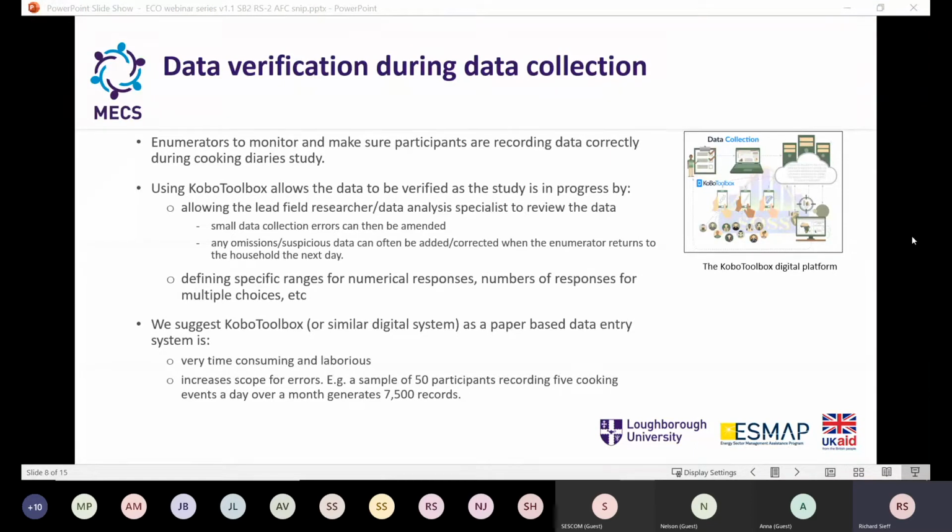It's much harder and impossible to correct data months after it's been collected, or even weeks. COBO is also really useful, or a similar digital system, rather than paper-based data entry, because paper-based data entry leaves much more room for errors to creep in. And it's also very time-consuming for the paper data to be copied into a spreadsheet.